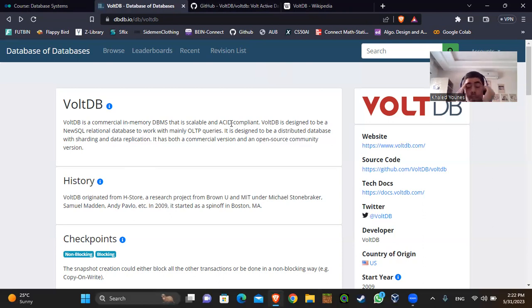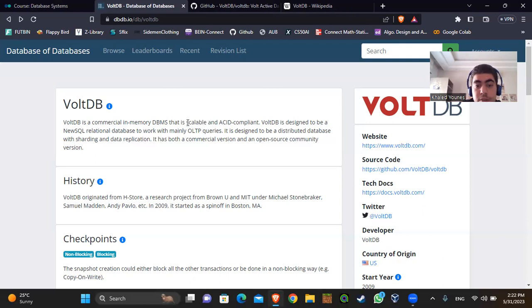So these types of databases are usually used in online transactions. But there are other types of databases that are BASE compliant. This is the opposite of ACID. So VoltDB is one of the ACID compliant databases. It's also scalable, which is really useful.